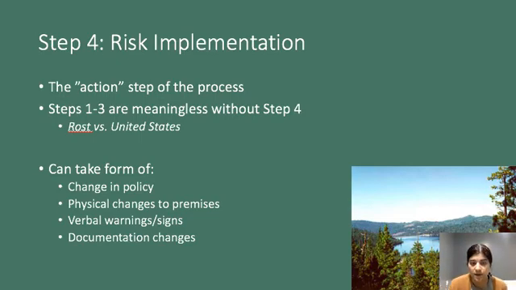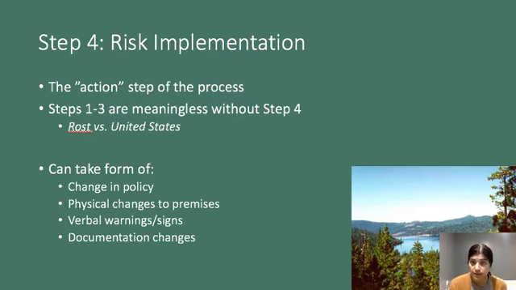A great example of this from your reading this week is the Ross versus United States case. This was the case involving the national park and the family that was driving around that campground, and there was a piece of equipment sticking out, which caused an accident, and the father suffered some pretty severe injuries.